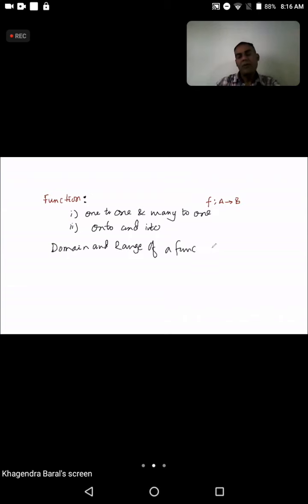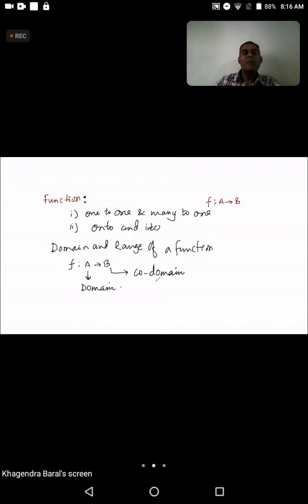If we define a function f from set A to set B, then set A is called the domain of the function and set B is called the codomain.